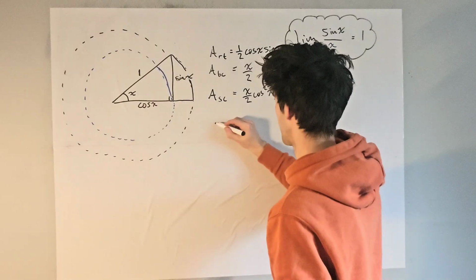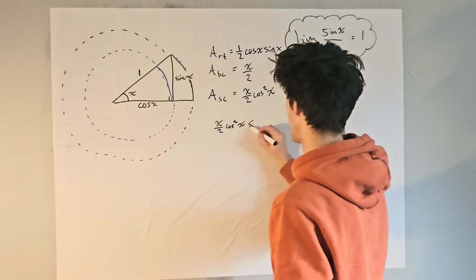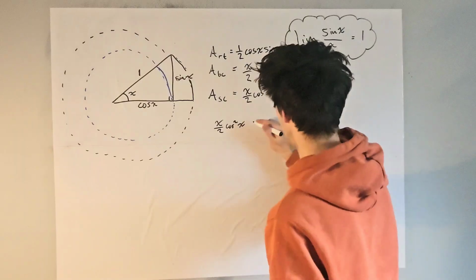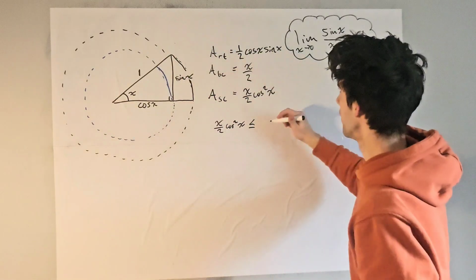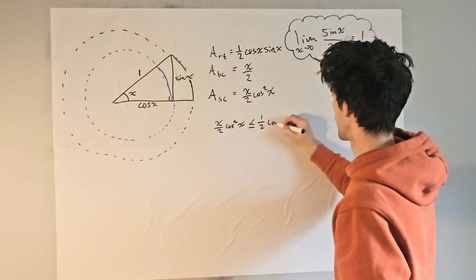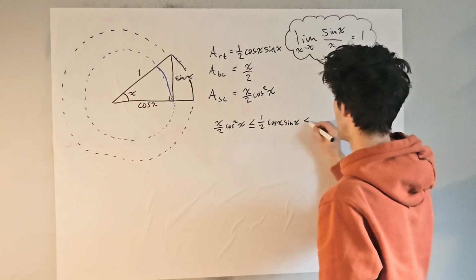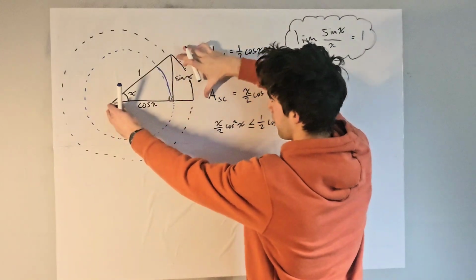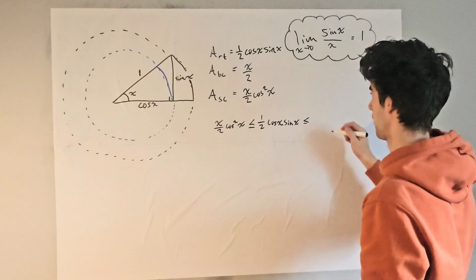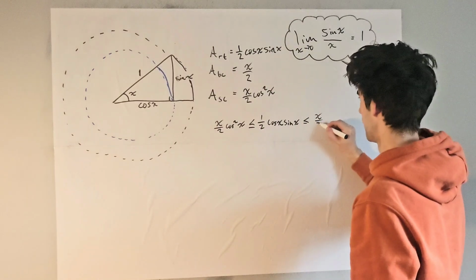So we're going to say x over 2 times cosine squared x is less than or equal to the area of this triangle here, which we found is 1/2 cosine of x sine of x, and that this triangle has a smaller area than this bigger circular segment. So that's smaller than or equal to x over 2.